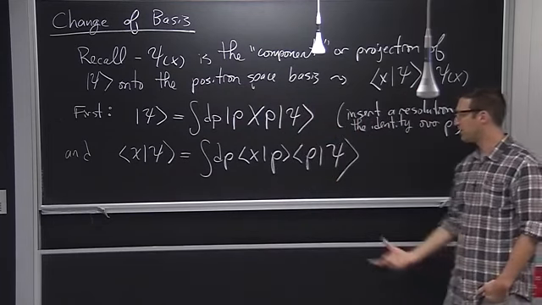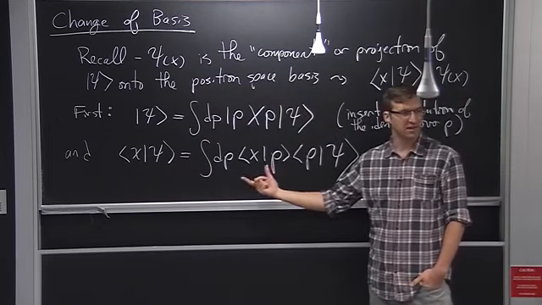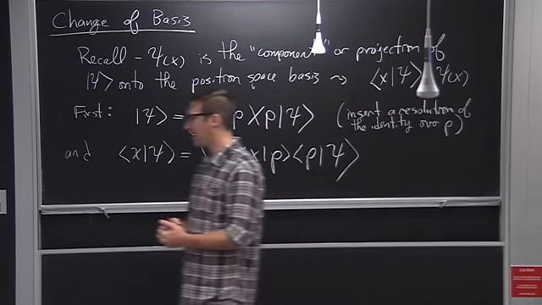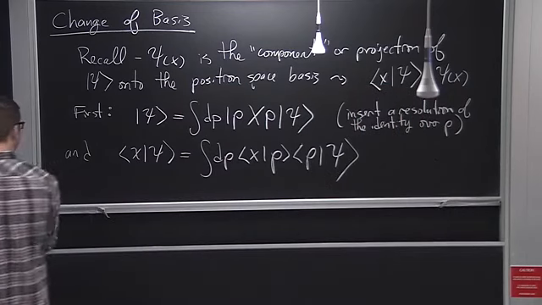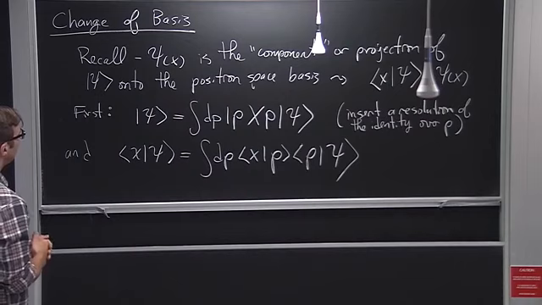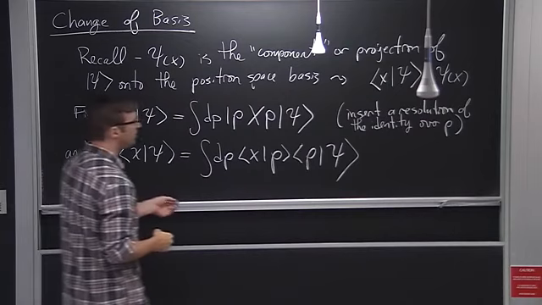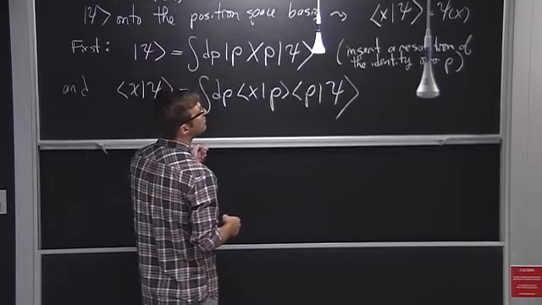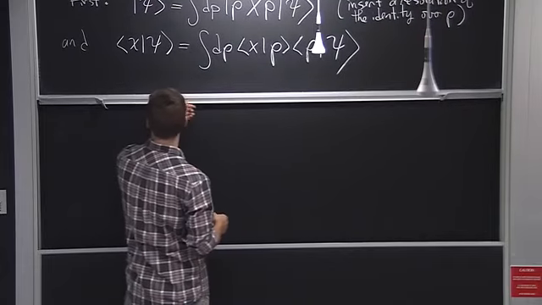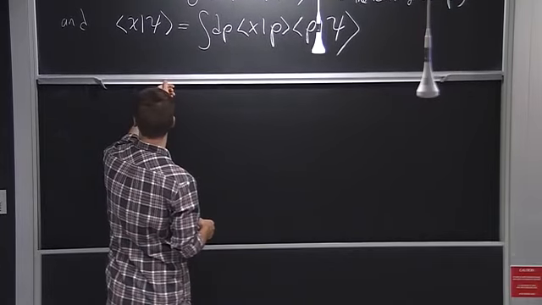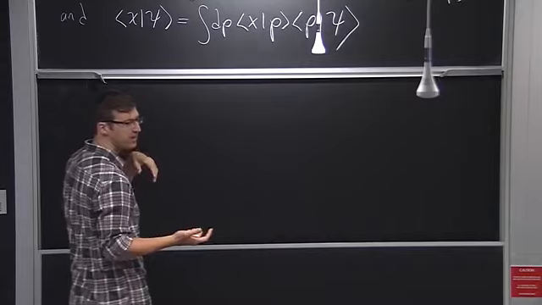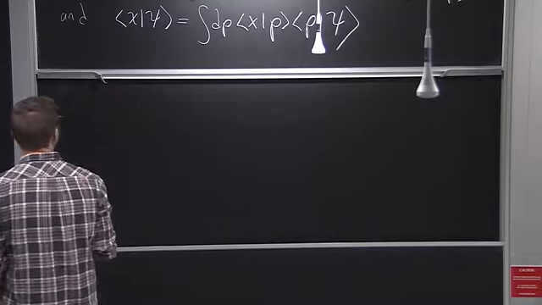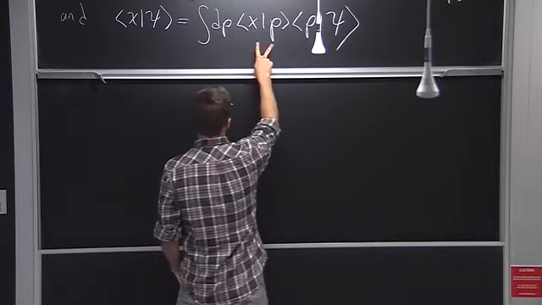Which all it does is leave me with a strange object, bra x, ket p, right? But if I compare that thing to, say, the expression for the wave function in momentum space or position space obtained with the Fourier transform or its inverse, then I can actually figure out exactly what this thing is.